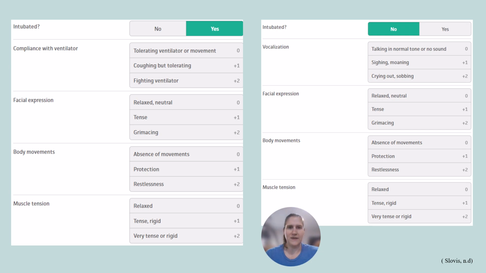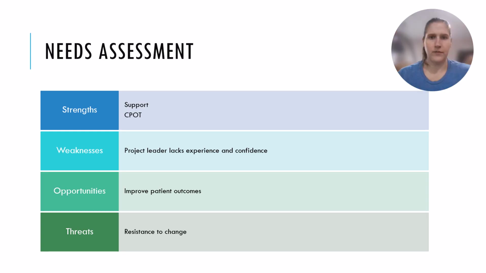These are two examples of the CPOT scale. As you can see, the only difference between them is whether a patient is intubated or not. If a patient is intubated, it takes into account compliance with the ventilator, and if a patient is not intubated, this is replaced by vocalization. Either way, the scale ranges between 0 being no pain and 8 being a lot of pain.